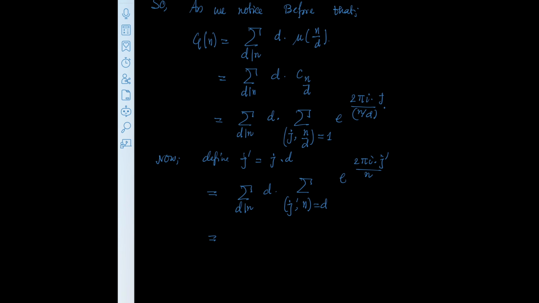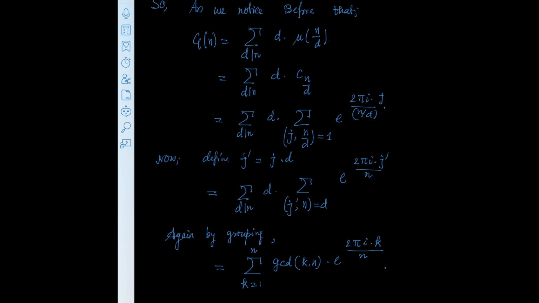If you think of it, this sum is exactly what we want. Again, by grouping, we can rewrite this sum as the sum over k from 1 to n of GCD of k comma n times e to the power 2 pi i k by n.